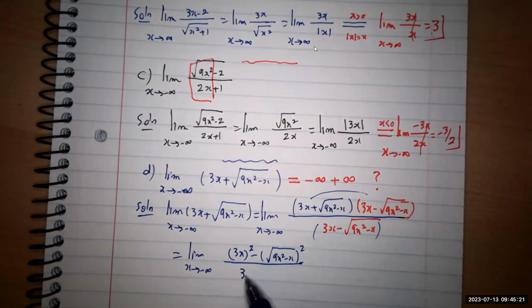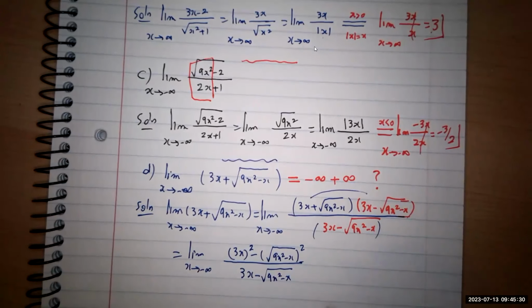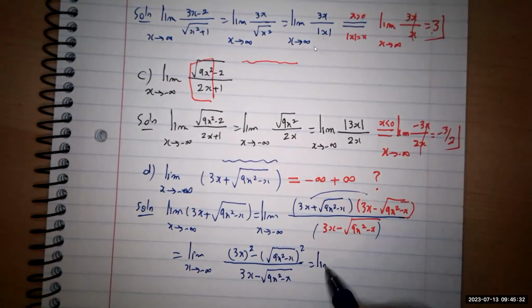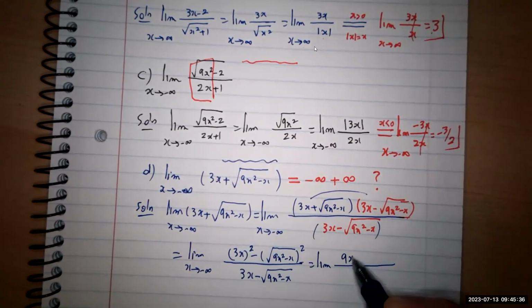And the bottom one would be unchanged, so it's 3x minus 9x squared minus x. Stay on the top, simplify. So that gives you 9x squared minus, remove the radical, 9x squared minus x. The bottom one again is unchanged.